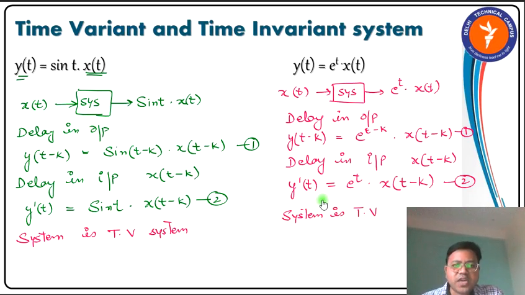So from this we can generalize the result, that if the input signal is scaled by a time varying system or time varying function. Here this x(t) is being scaled by a time varying signal. Similarly over here this x(t) is scaled by this time varying signal, then the system will be time variant.